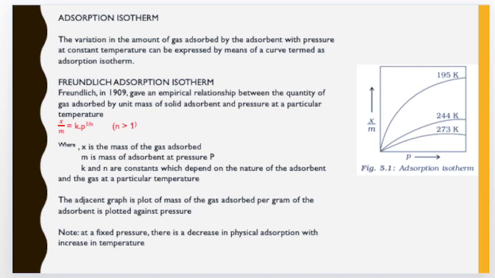Now, x here is the mass of gas adsorbed, m is the mass of adsorbent at pressure P, and k and n are constants which depend on the nature of adsorbent and the gas at a particular temperature. The adjacent graph shows the plot of mass of gas adsorbed per gram of the adsorbent plotted against pressure, and each curve shows an isotherm, that is points having the same temperature.